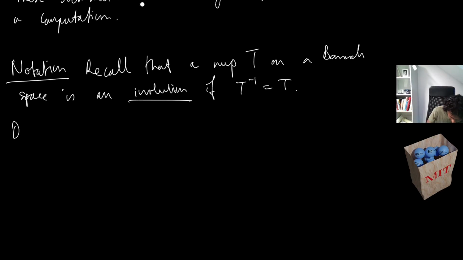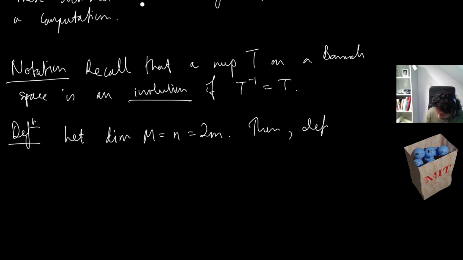So with this, let's define. Suppose the dimension of M equals n equals 2m, right? So it's even dimensional.